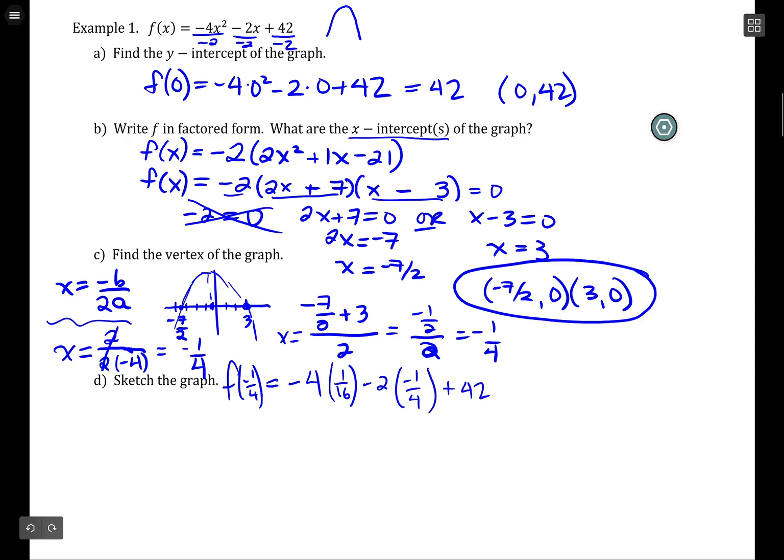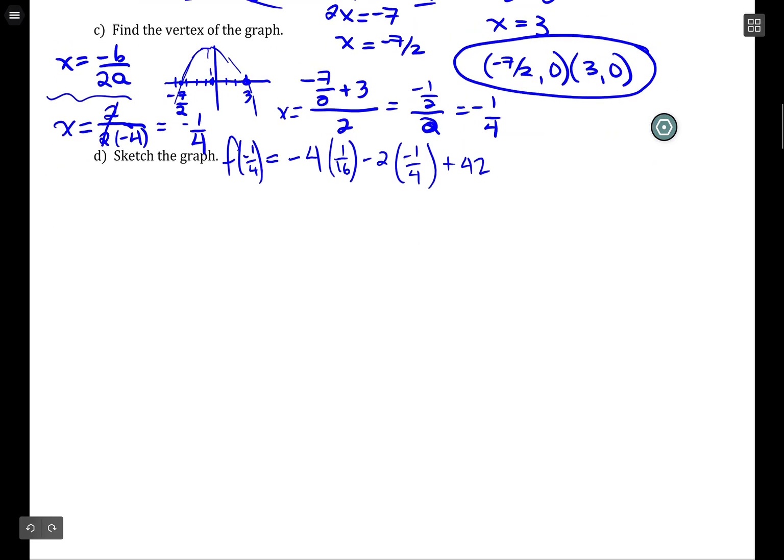So I'm going to scooch up a little so I can write -1/4 plus 1/2 plus 42. -1/4 plus 1/2 ends up just being 1/4. A half minus a fourth is a fourth. So we're really getting 42 and a fourth.